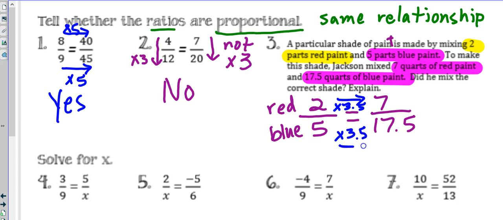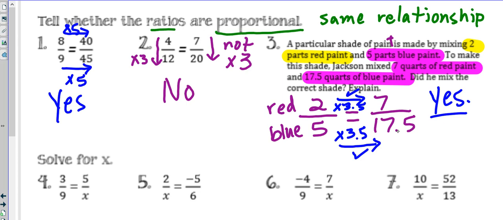If that relationship is the same, I can conclude that the paint would be the correct shade. So 5 times 3.5: 5 times 3 is 15, 5 times 0.5 is 2.5. I'm just breaking this down. 15 plus 2.5 is 17.5, yep, it's the same relationship. So yes, he did. The answer is yes, because the original paint, the 2 to 5, is equivalent to 7 over 17.5.